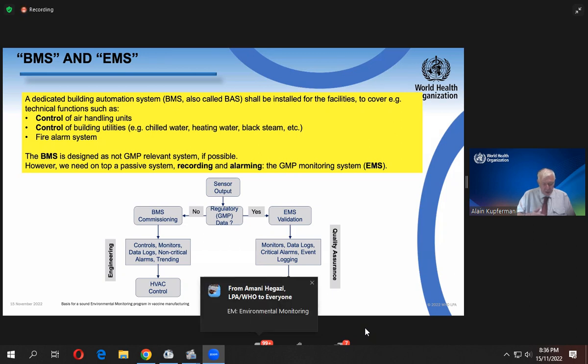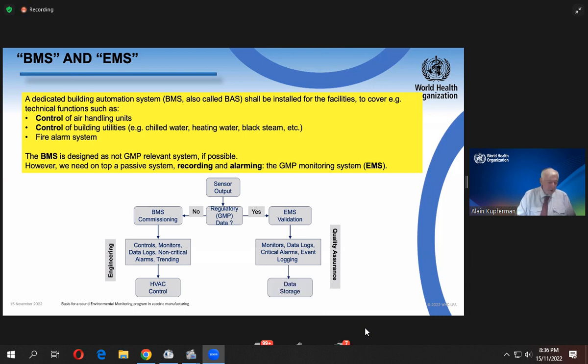It will control pressures, etc. Control the air handling unit, building utilities like water, heating water, cooling water, brine, black steam, etc. Fire alarm system. It's not a GMP system. It controls. That is important. The BMS, the BAS controls.